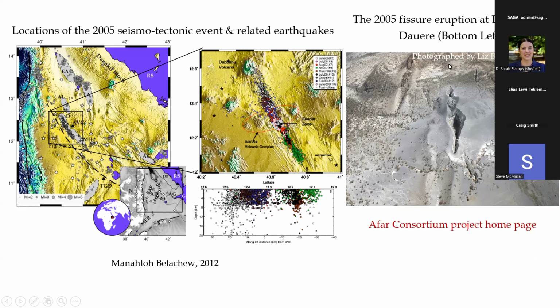From one minute to the next, the earth opened about 500 meters in length, about 70 meters in width and about 150 meters in depth, and ash was thrown out. But in reality, the length of the dyking event was about 60 kilometers.